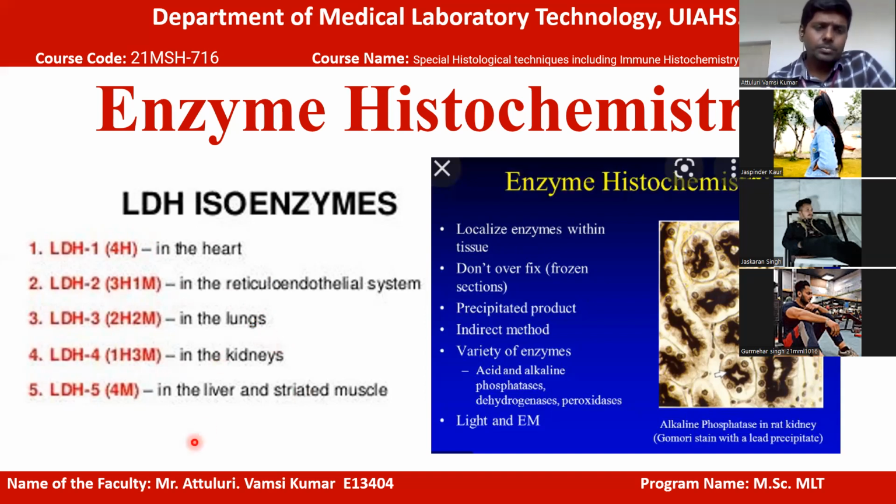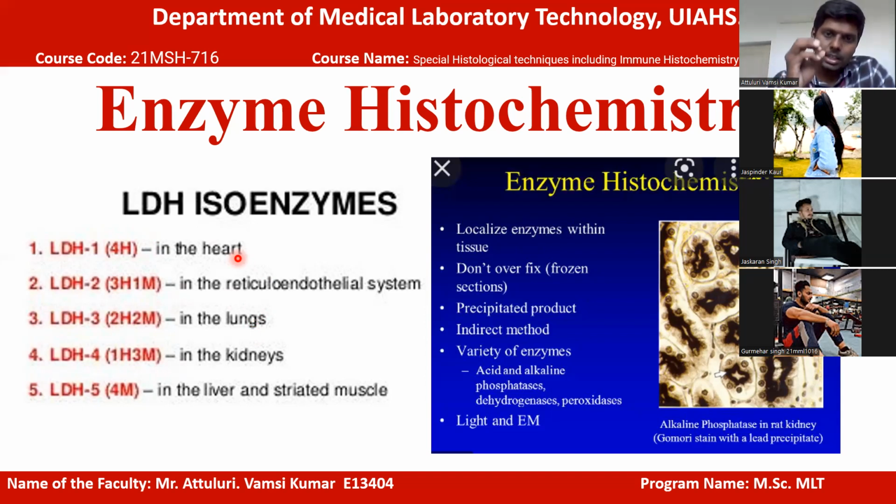Now, if the LDH1 concentration is less in the heart, that indicates there might be some problem with the heart. The patient might be prone to ischemic heart attacks. So seeing the functional activity of enzymes within the tissues has its own clinical significance.